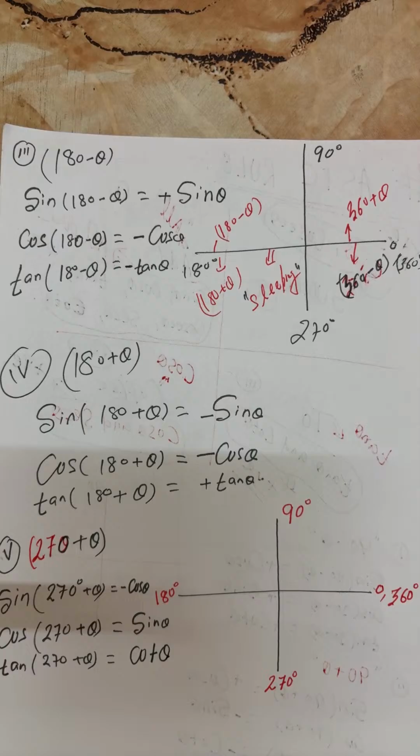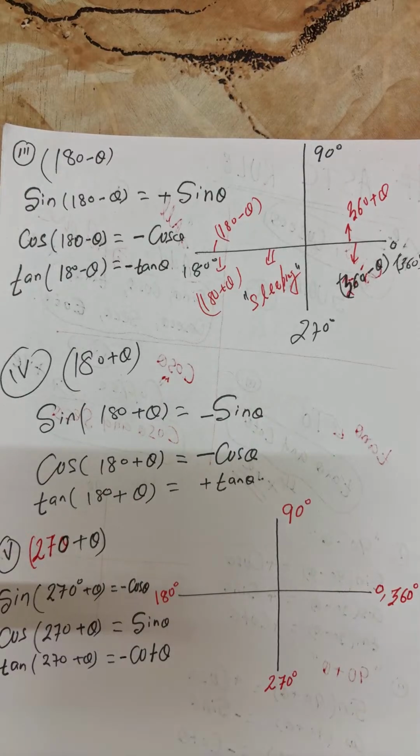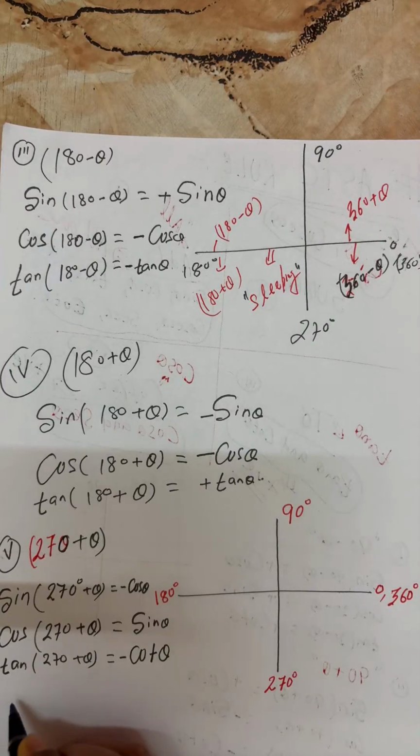Now tell me, plus cot theta or minus cot theta? This is minus cot theta, because 270 plus theta means we are talking about quadrant number 4, and in quadrant 4, tan is negative. Okay, now next one.